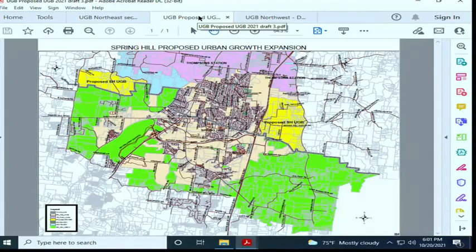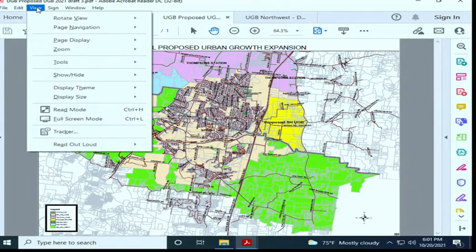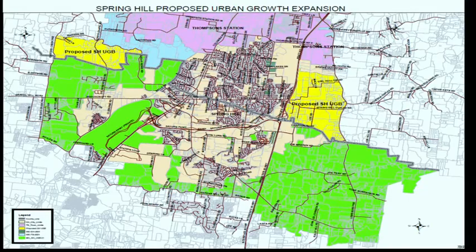Could you place the full map back up, please? And maybe I don't understand the coloring on the maps either, but I'm looking at the tan colors as being representative of those properties that are part of the city of Spring Hill.